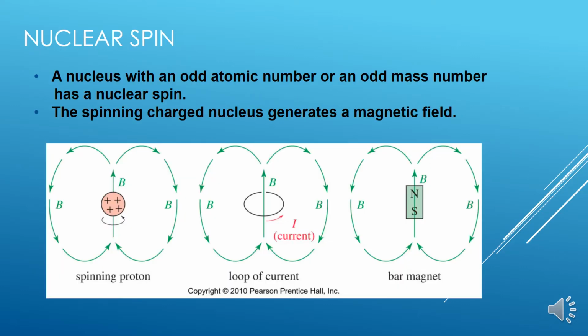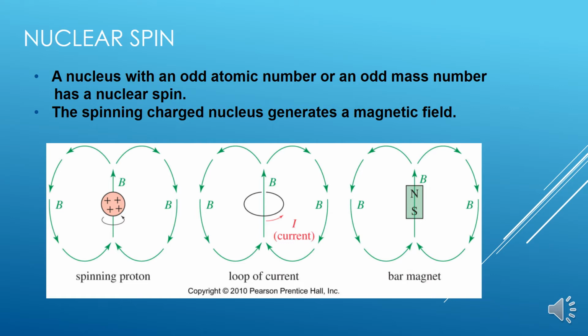The nuclear spin is an important aspect in the resonance pattern. A nucleus with an odd atomic number or an odd mass number has a nuclear spin. Remember, a spinning charged nucleus generates a magnetic field.